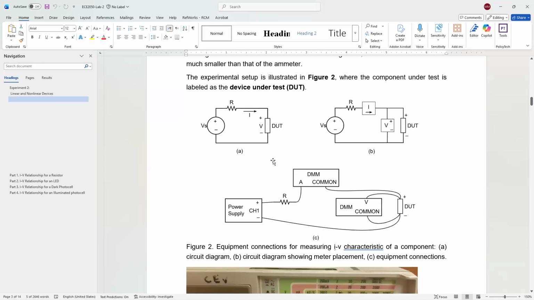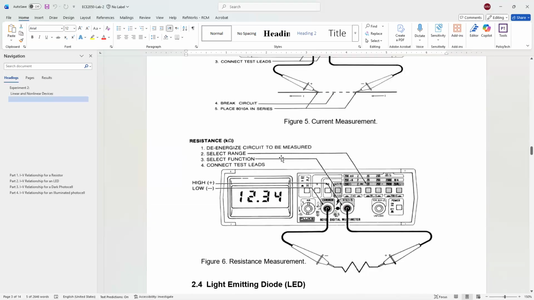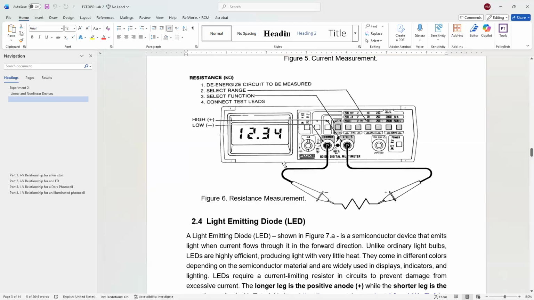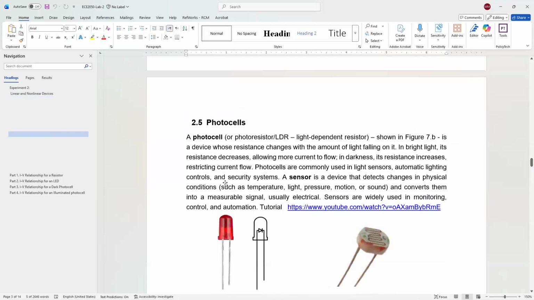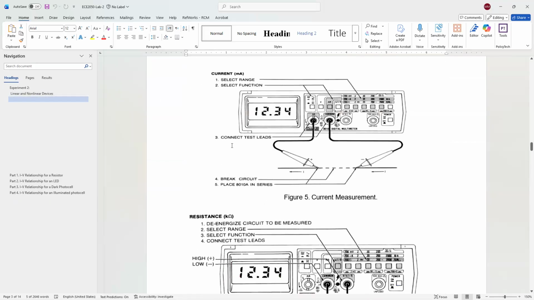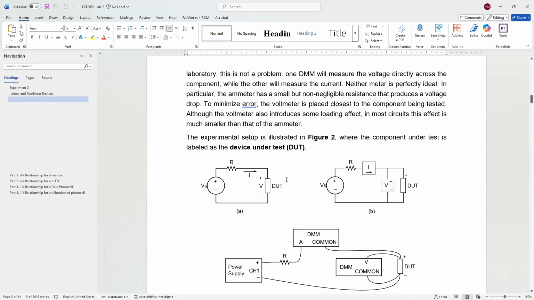In this lab, we are going to use three devices. Number one, a normal resistor. Number two, an LED. Number three, a photo cell. Each of these devices we call the DUT.